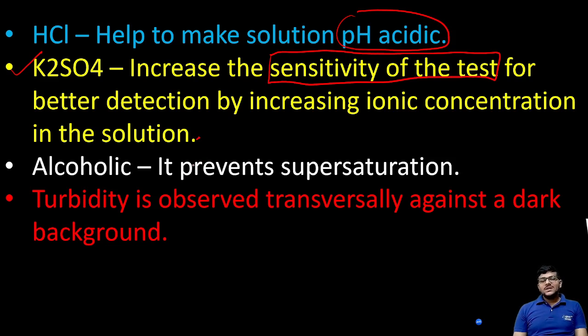So alcohol prevents supersaturation. We will discuss the term supersaturation in the chapter of solutions in physical chemistry. Supersaturation is a condition where no more solute can be added to a solvent. I am just telling you the basic definition.